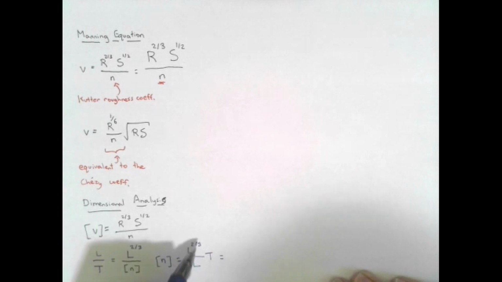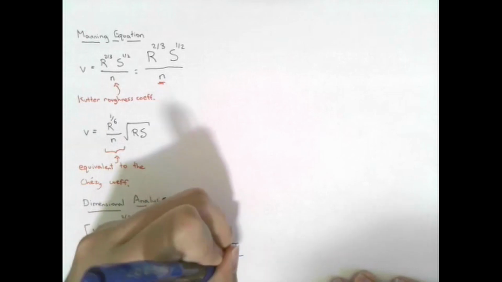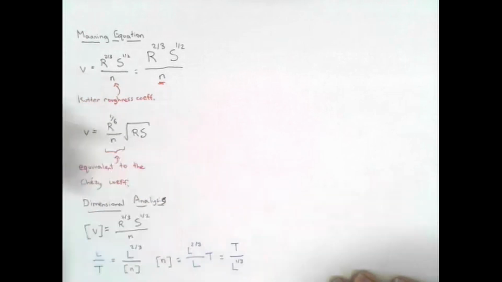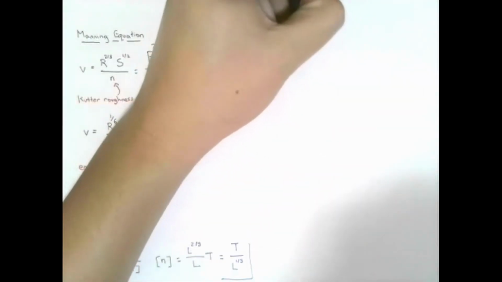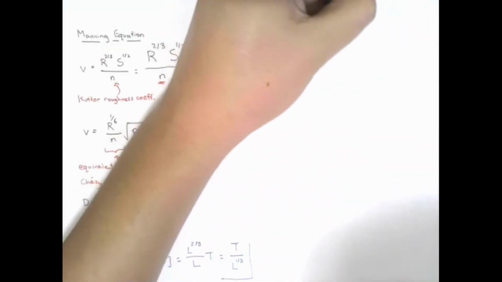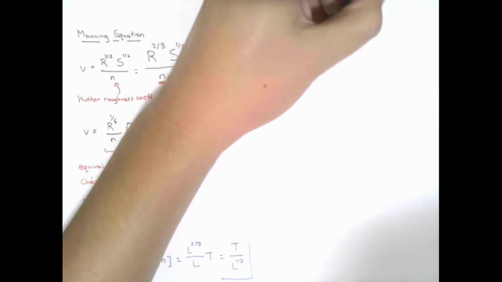So we get that n has dimensions of time over length to the 1/3 in order for this equation to be dimensionally homogeneous. Now, because we're dealing with metric units, the units will be seconds over meters to the 1/3. And this would give me values of velocity that are in meters per second.